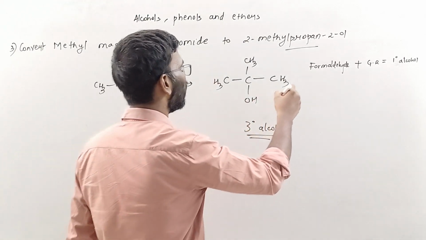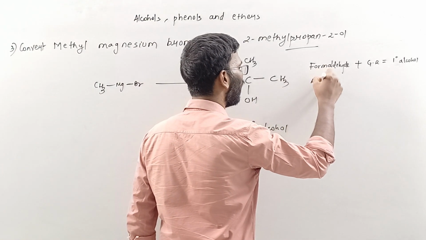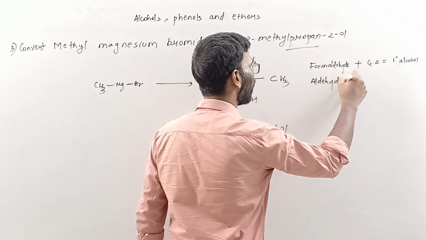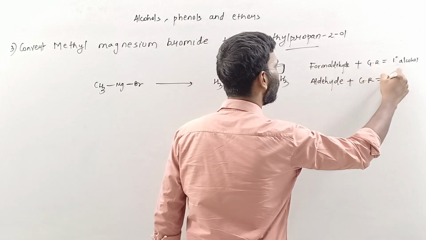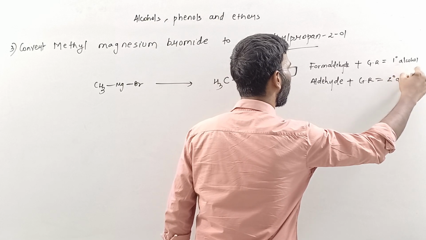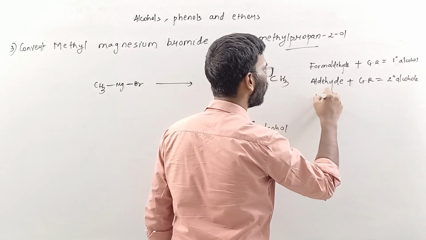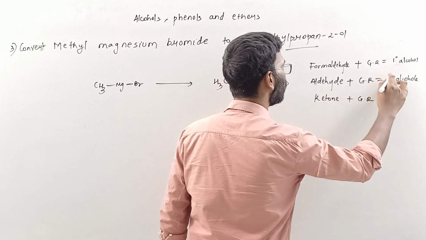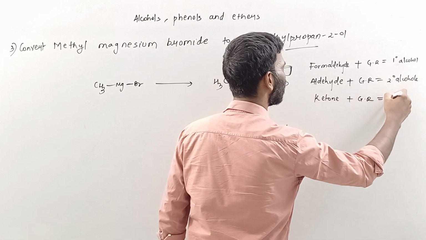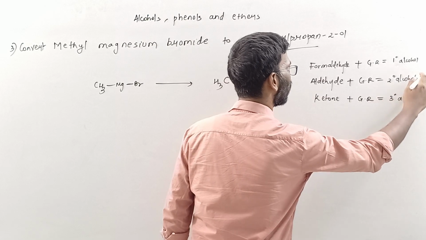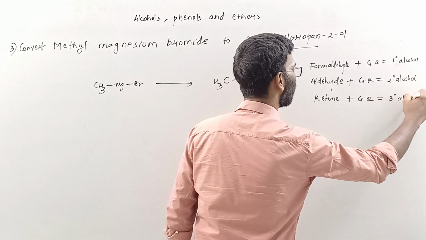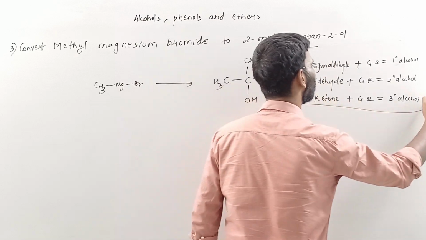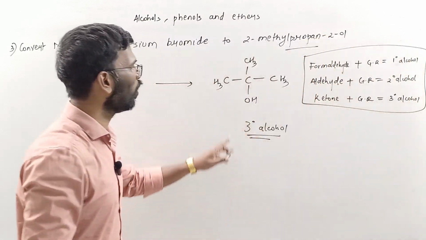Then remember, aldehyde plus Grignard reagent gives you a secondary alcohol. And ketone plus Grignard reagent gives you what? Tertiary alcohol. You can remember this. Okay, we want tertiary alcohol.